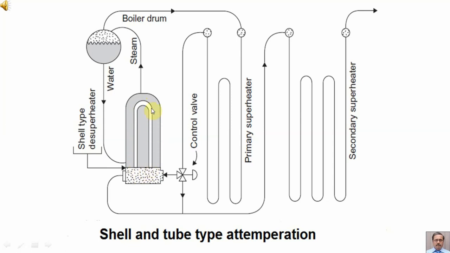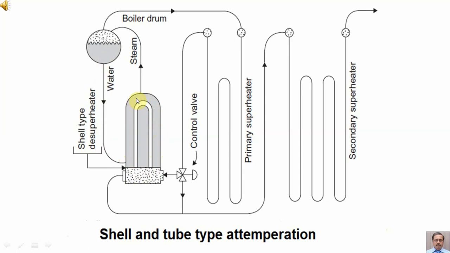filled in this tube, and around the tube we are having water from the drum. So in this heat exchanger, heat of the steam is being transferred to the drum water.